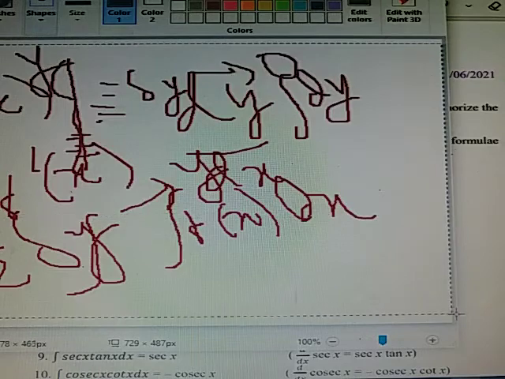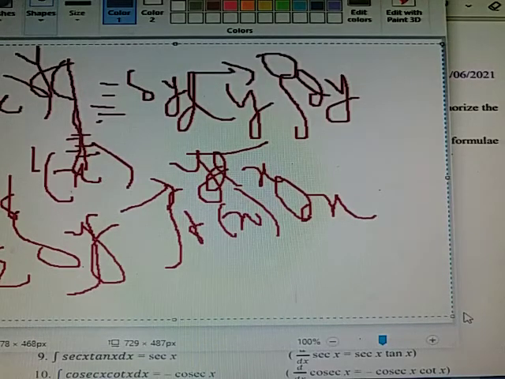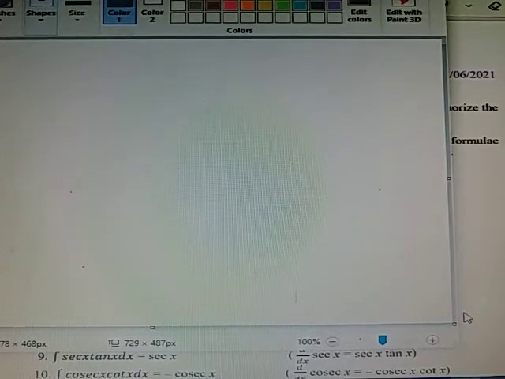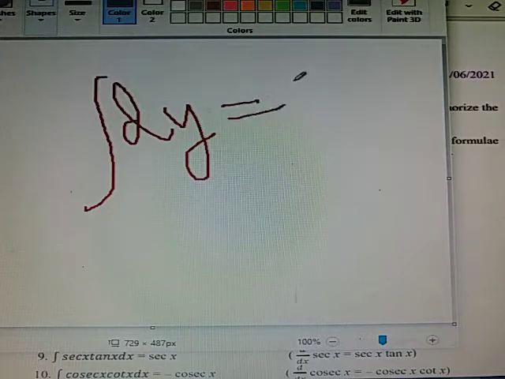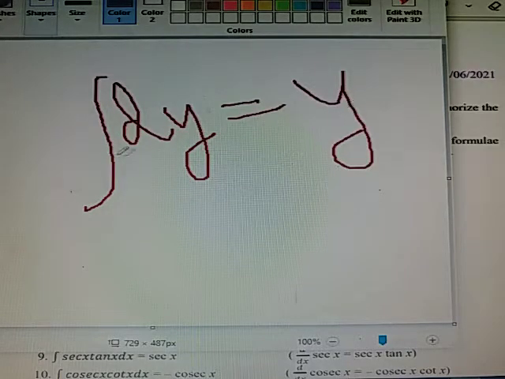This symbol is integration of this delta y. This is dy, and this is y. We are summing up delta y and getting y. So this is integration.